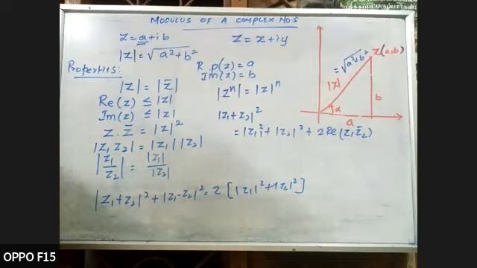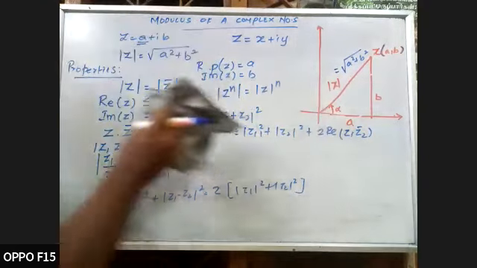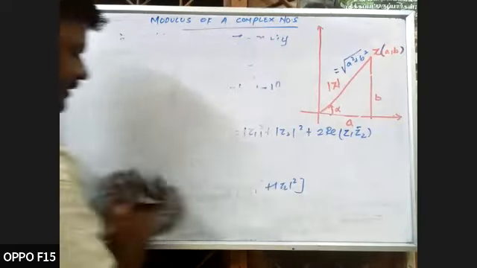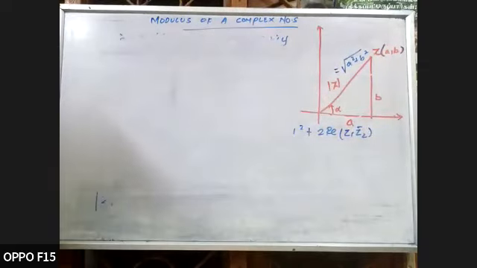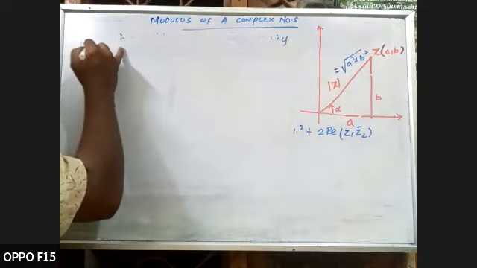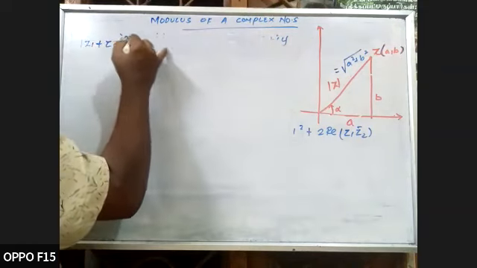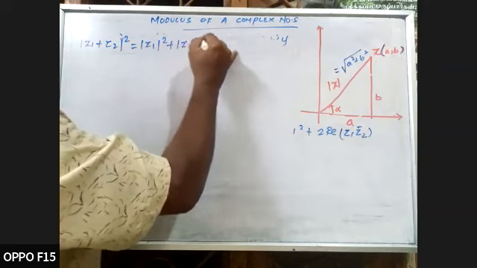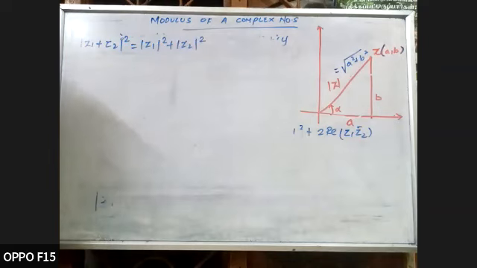Okay. So let us take some notes on these properties of modulus of a complex number. The first note: suppose we have modulus of z1 plus z2 the whole square equal to modulus of z1 square plus modulus of z2 square.